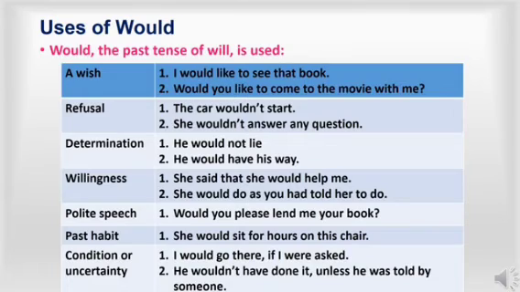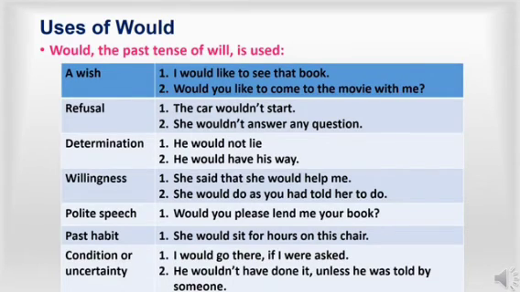Now, suppose it is a determination. He would not lie. He would have his way. If it is a willingness for something, she said that she would help me. She would do as you had told her to do. If it is a polite speech, would you please lend me your book?